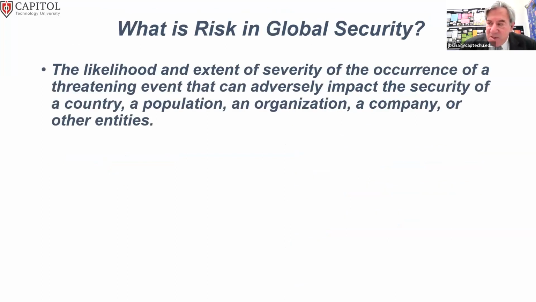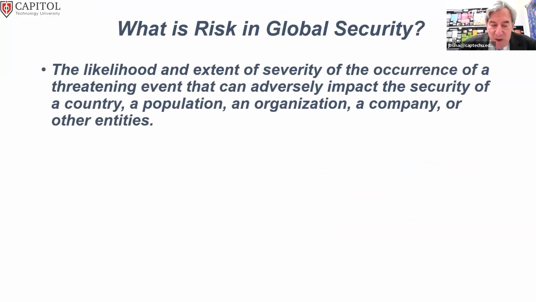To assess how various categories of risks might impact international security, the first requirement is to define it. So this is a definition that I've come up with based on others that have been formulated.